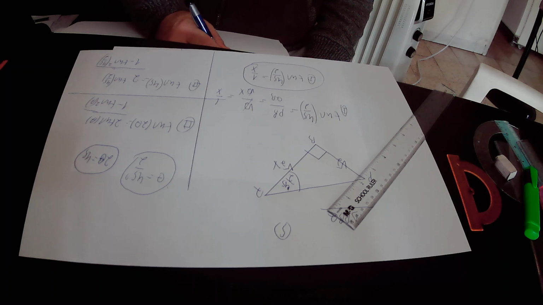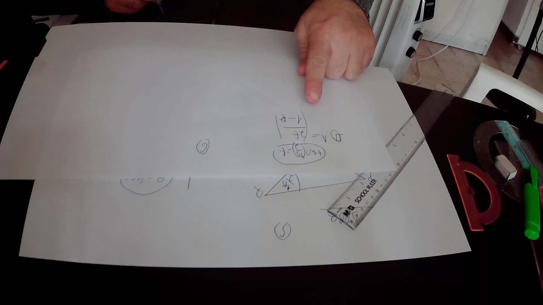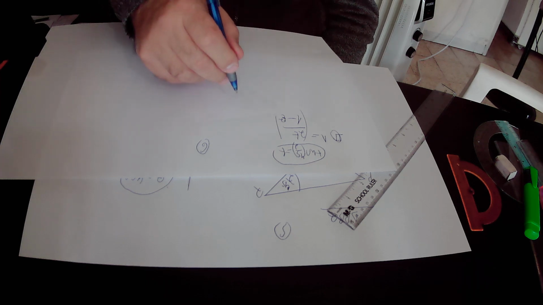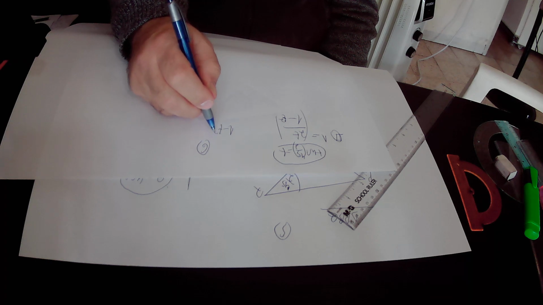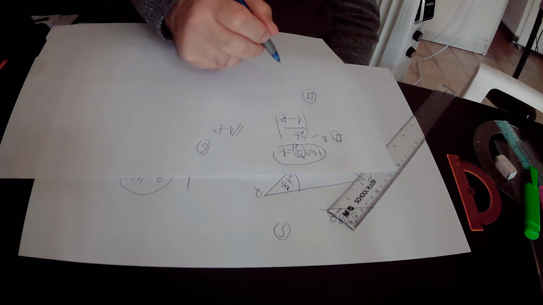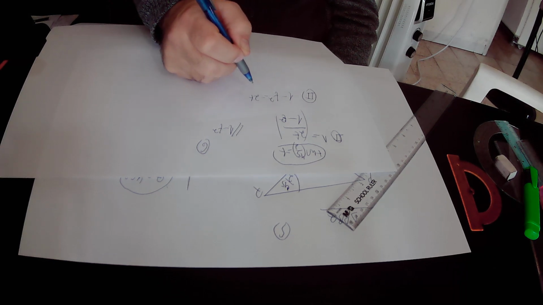So in conclusion, according to equation number 2, 1 equals 2t over 1 minus t square. Here we will multiply this equation by 1 minus t square, and you get that 1 minus t square equals 2t.